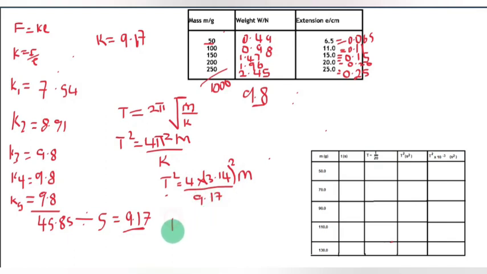So that's going to give us T squared equal to 4.3, I'm just approximating to 4.3 M.